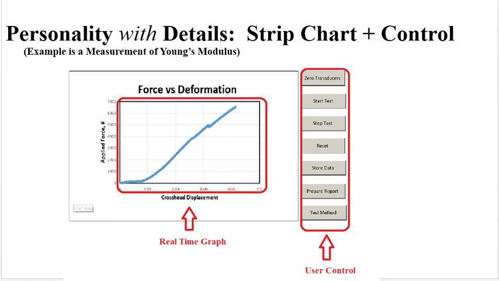In this case, I want to show measuring Young's modulus, which is an X versus Y force versus displacement kind of measurement. And I'd like to have a personality that has real-time graphing and user control all on one page.